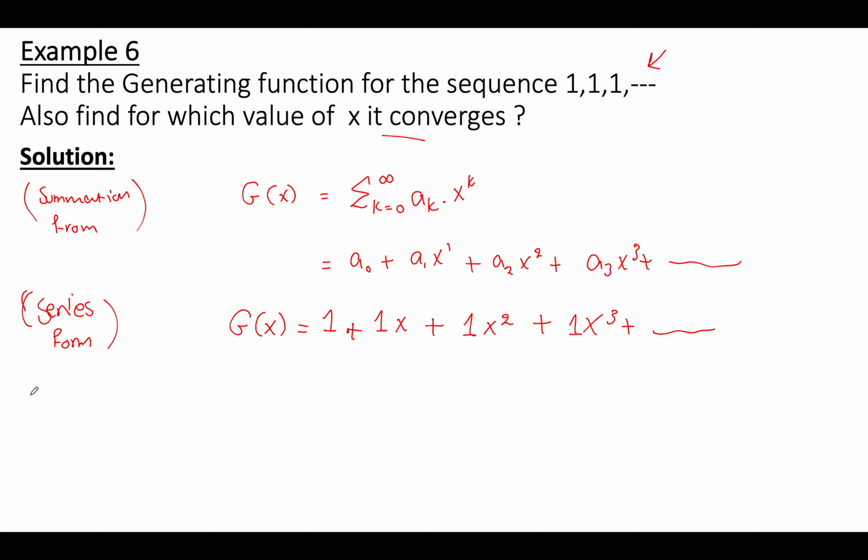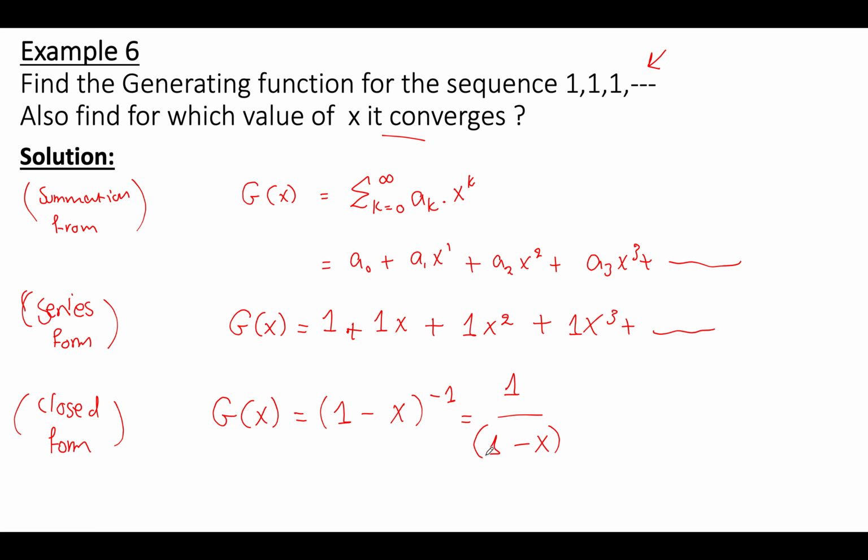So from here, if we go back to the rules, this sequence can be represented as 1 minus x to the power minus 1, which is equal to 1 over 1 minus x. All right, so here we solved the first part of the question.